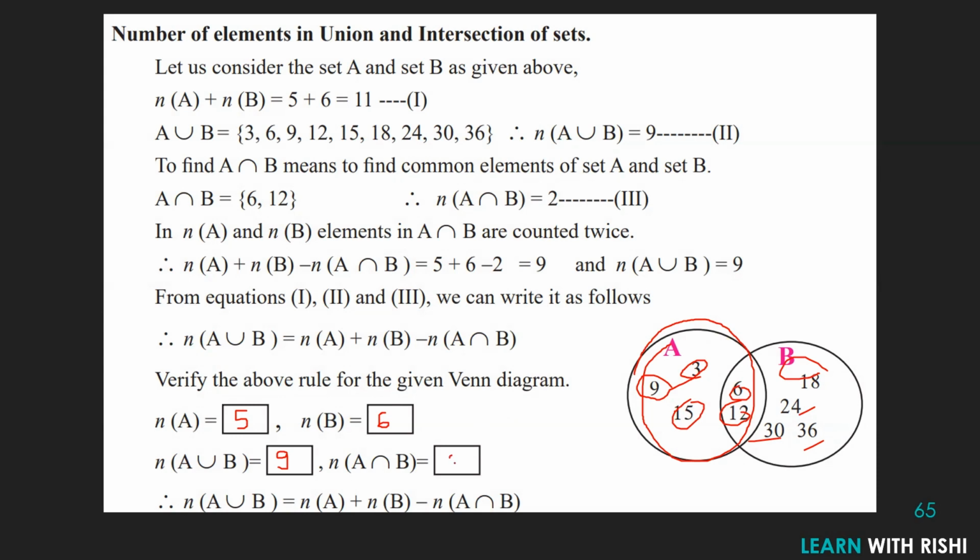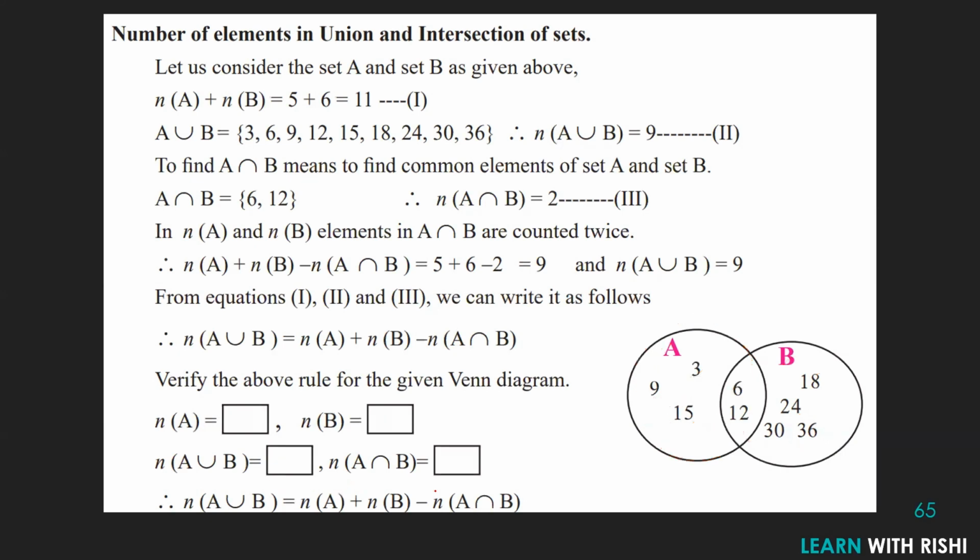So n of A intersection B is 2. So we can see n of A union B, that is 9, is equal to n of A, that is 5, plus n of B, that is 6, minus 2. So 5 plus 6 is 11, minus 2 is 9. So it is verified that the rule is correct.